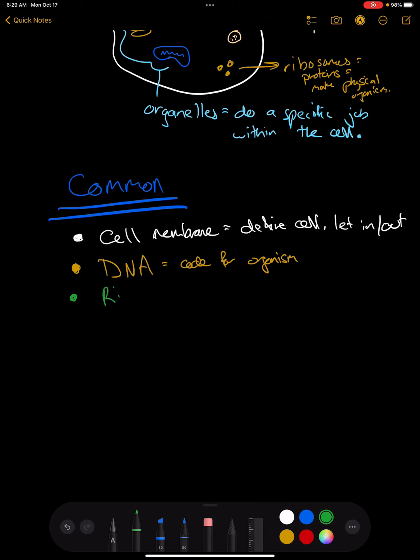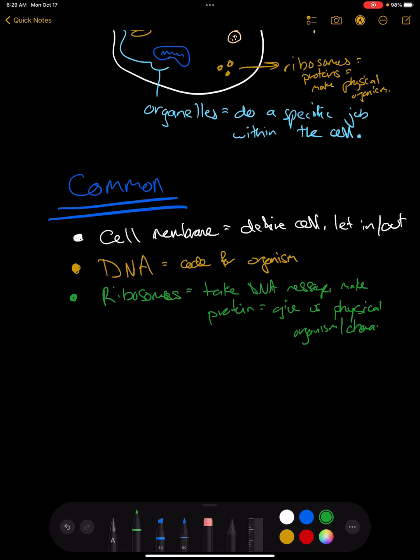So that means all cells have to have ribosomes, because those ribosomes are going to take the DNA message, and from that message, they're going to make a protein, and then that protein is going to give us a physical organism or a physical characteristic.